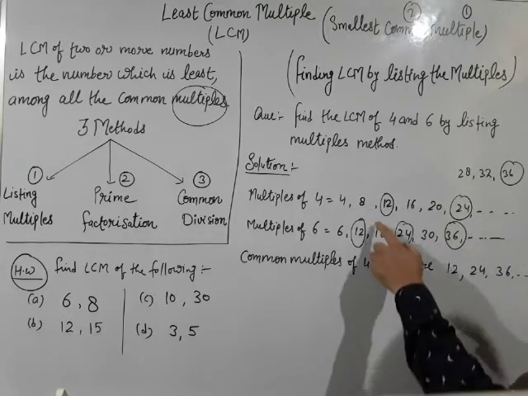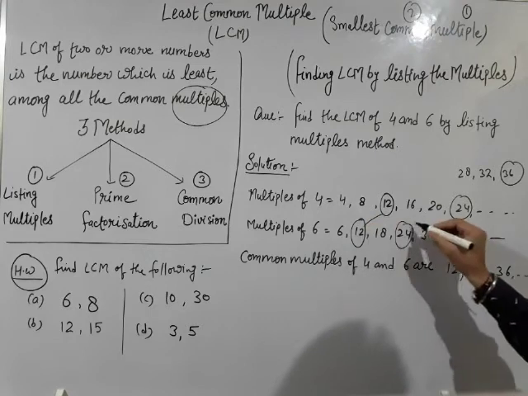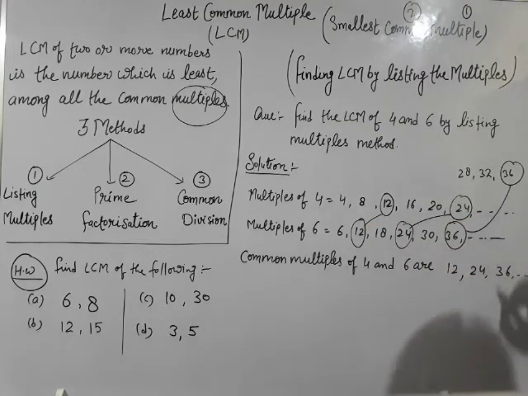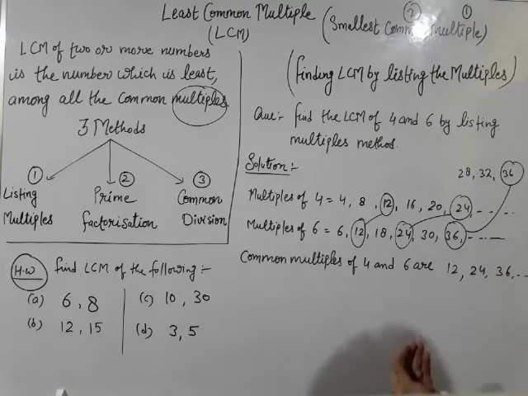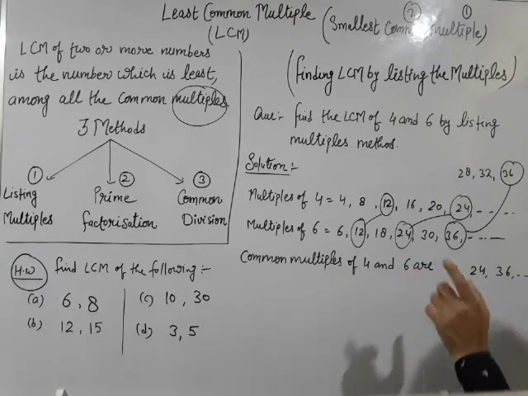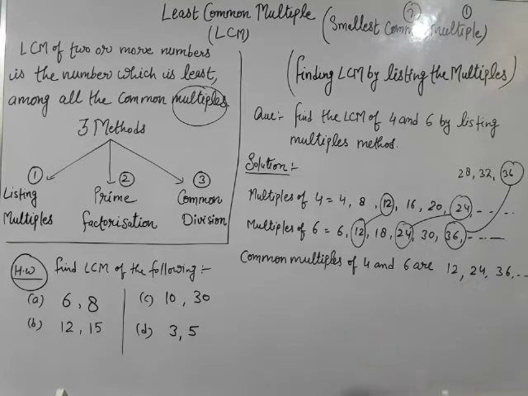So we have written first common multiple as 12, second common multiple as 24, and third common multiple as 36. Similarly, we can find more common multiples of 4 and 6. But we will stop after writing 2 or 3 common multiples. Why? Because there is a reason.